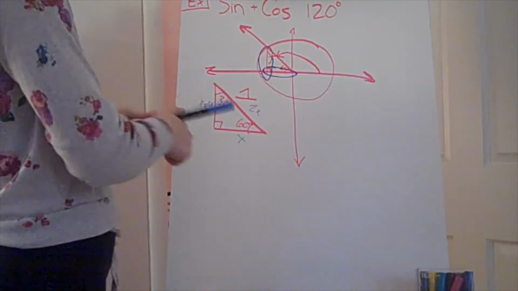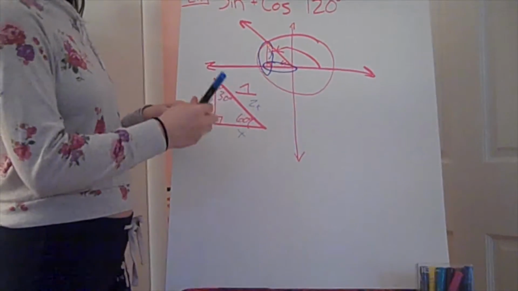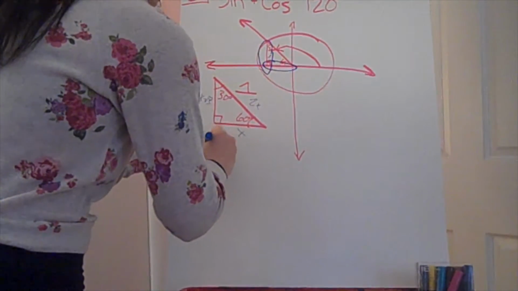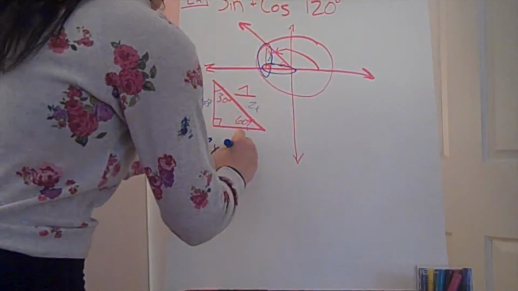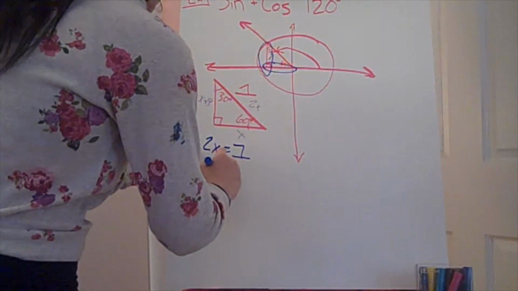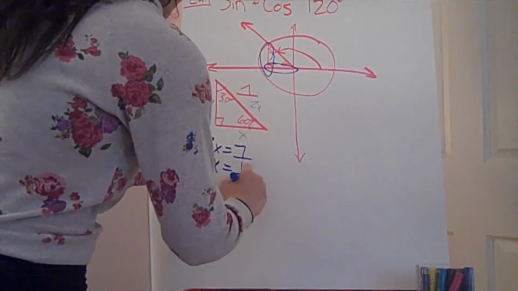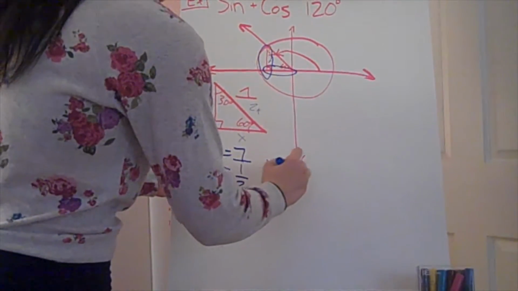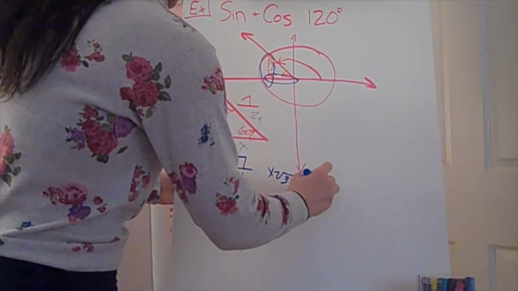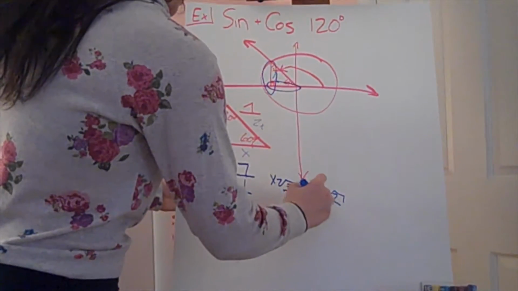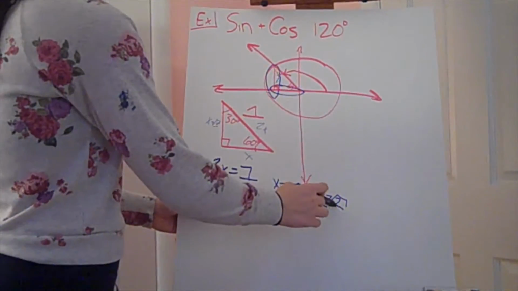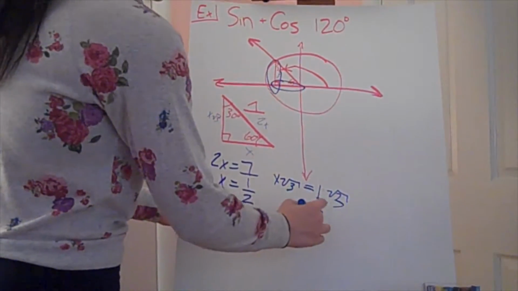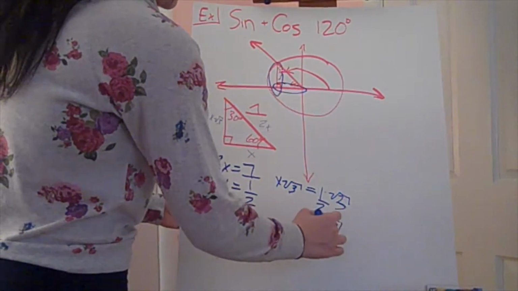So if we know that this side is equal to 1, we can say 2x is equal to 1. We know x must equal 1/2. So then x root 3 must equal 1/2 times the square root of 3, which equals the square root of 3 over 2.